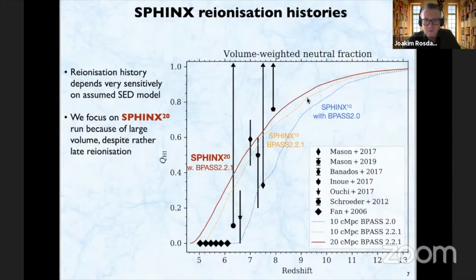To show you the effect of volume size, you can see the yellow dotted curve. And you can also see the blue dotted curve, which shows you what happens if we switch just versions of the BPASS model. So you can see that subtle modifications in the SSP model actually have a huge impact on the reionization in these simulations via the escape fractions.